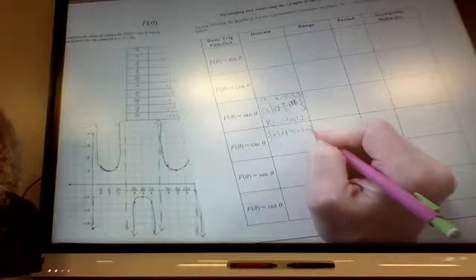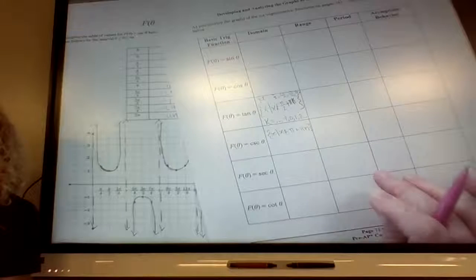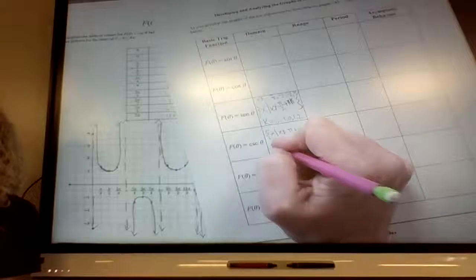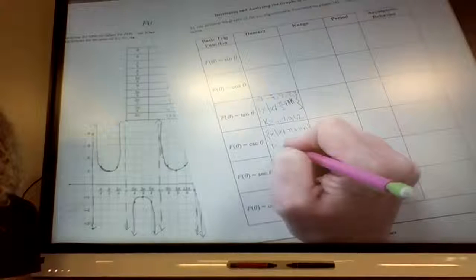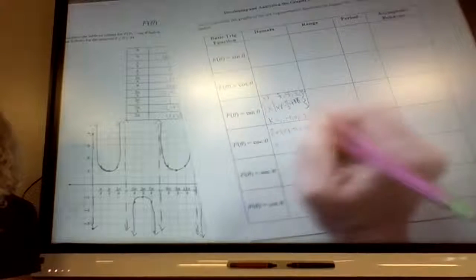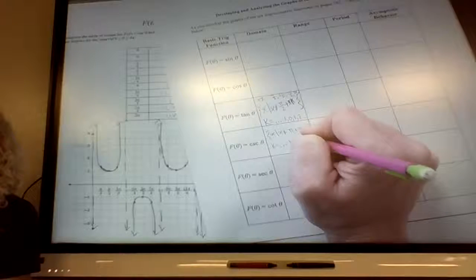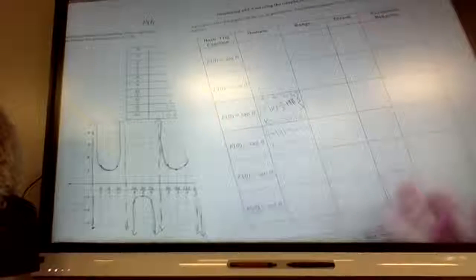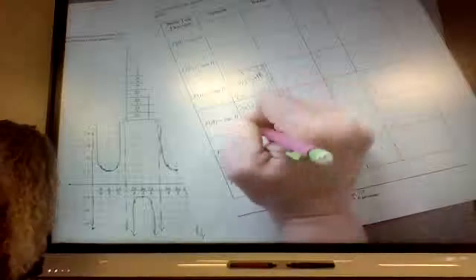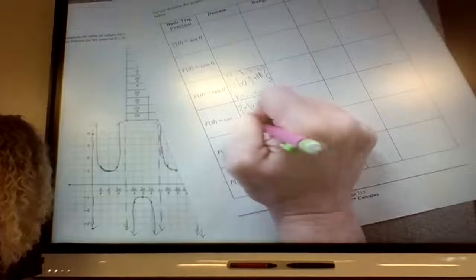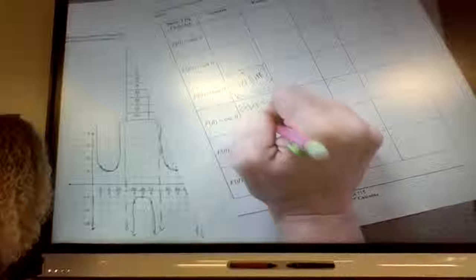And that n or that k, just so you know, is going by integers. Which means it's basically tapping in at 0 and at pi and at 2 pi and on.